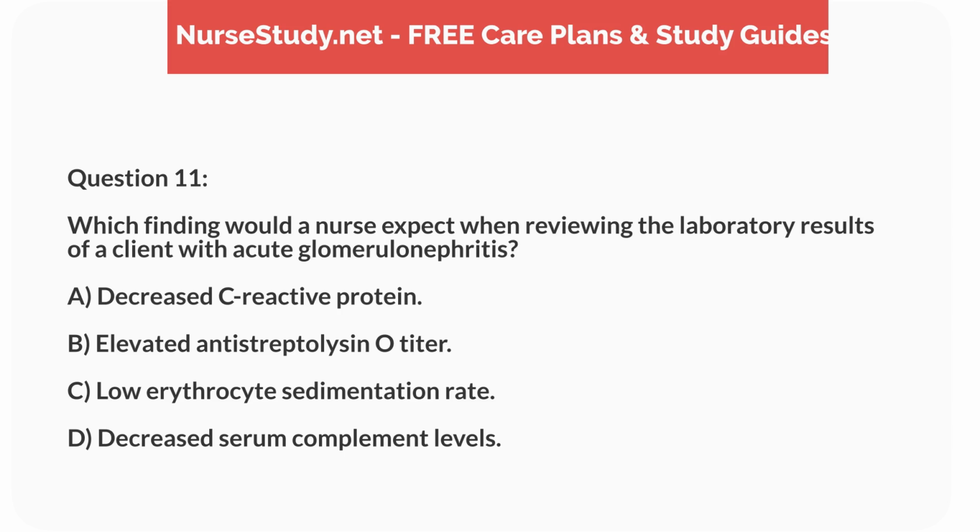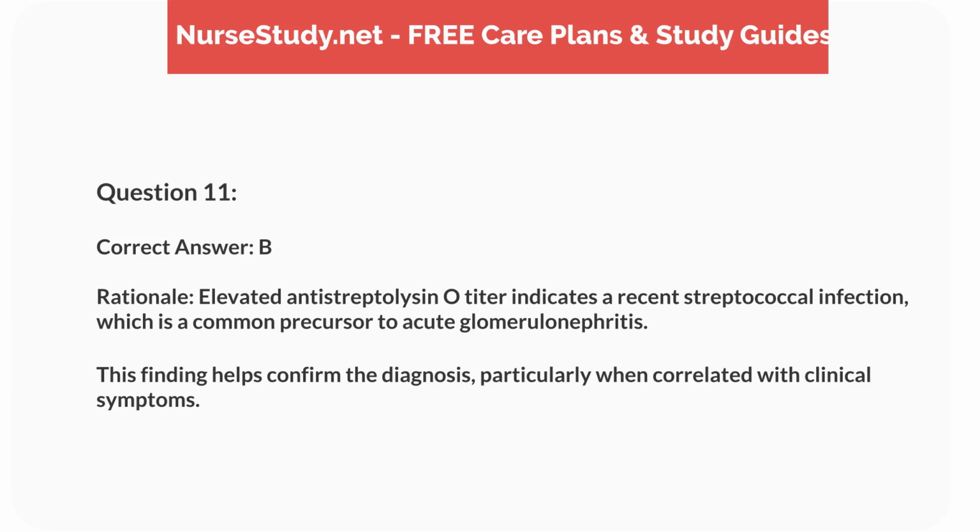D. Decreased serum complement levels. Correct answer: B. Rationale: elevated antistreptolysin O titer indicates a recent streptococcal infection, which is a common precursor to acute glomerulonephritis. This finding helps confirm the diagnosis, particularly when correlated with clinical symptoms.